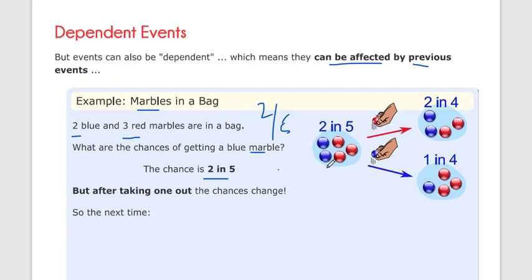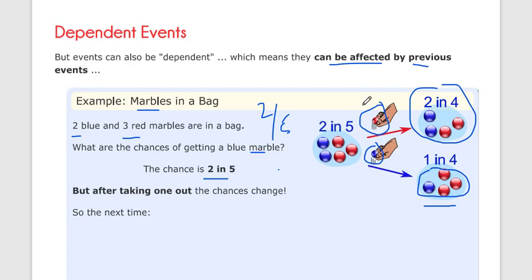If we chose a red the first time, then there are only 4 marbles remaining, 2 blue and 2 red. And if we chose a blue marble first, then there are 4 marbles remaining, of which 3 are red and 1 is blue.